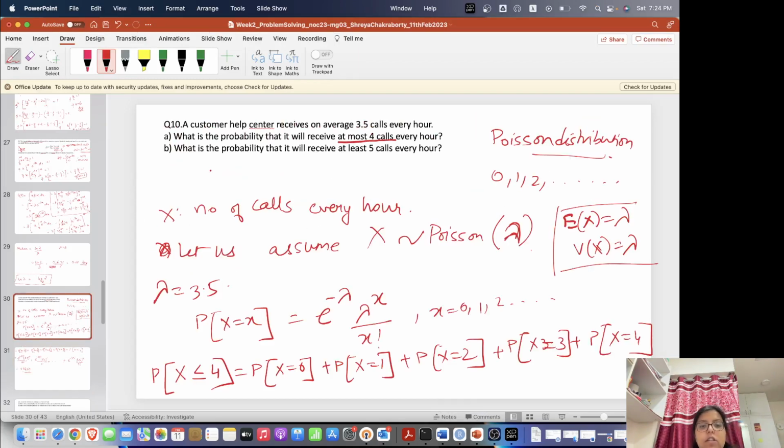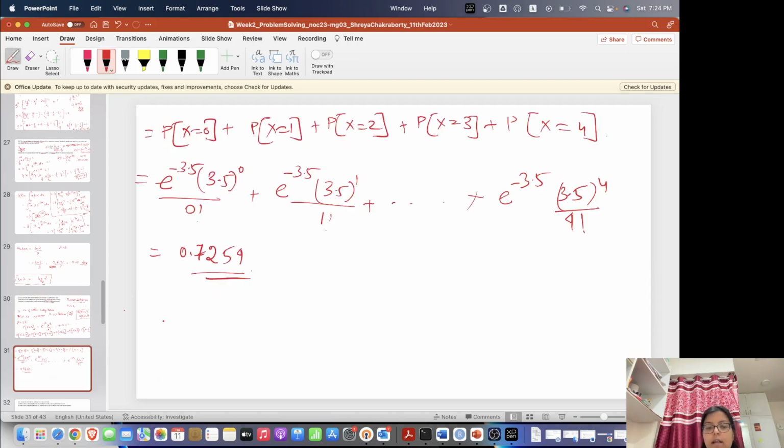So the next question is, what is the probability that it will receive at least 5 calls every hour? Previous one was at most 4. So this is at least 5, that is x should be greater than or equal to 5. Now if I have to calculate this one, this will be x equal to 5 plus x equal to 6, and there is no end to it.